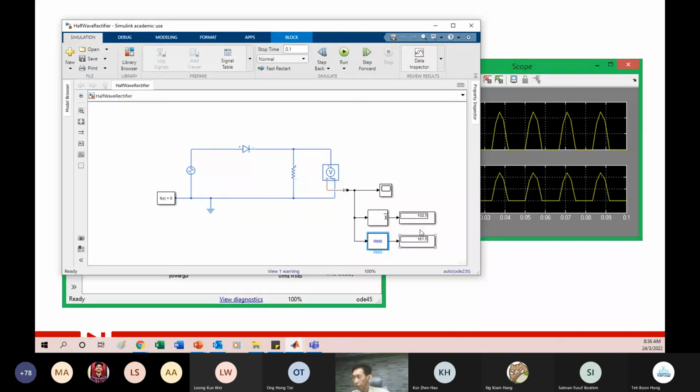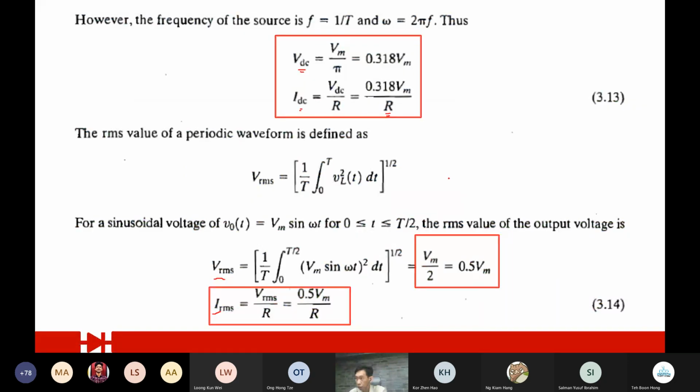And then the average is multiplied by 0.38, so you will get roughly around 100 volts, which will fit the equations shown here, 0.3 and 0.5. You will see that the RMS is slightly higher than this one.